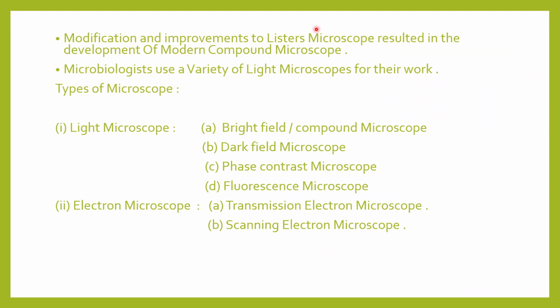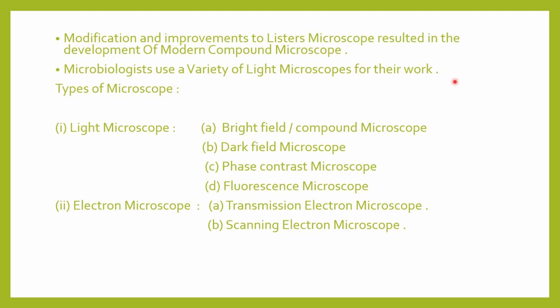Modification and improvement of Lister's microscope resulted in the development of modern compound microscopes. Day by day there was improvement in the microscope. Instead of one lens, many lenses were used, and the quality of the lenses also improved. So today we have the modern compound microscope.